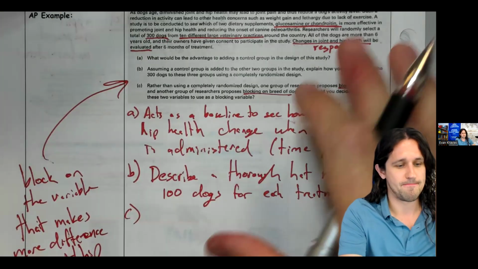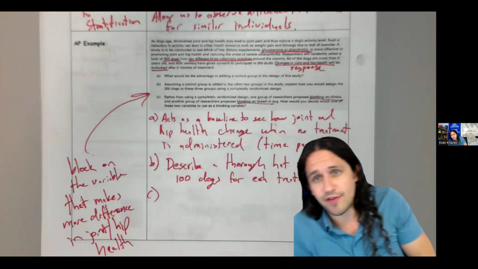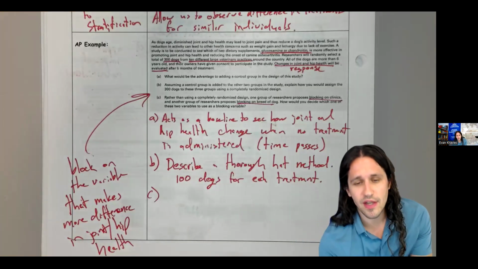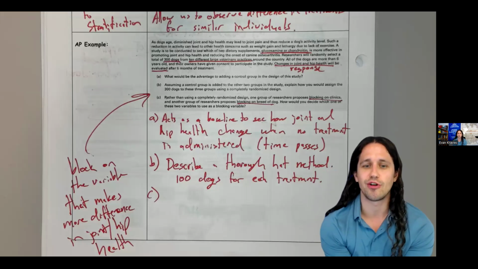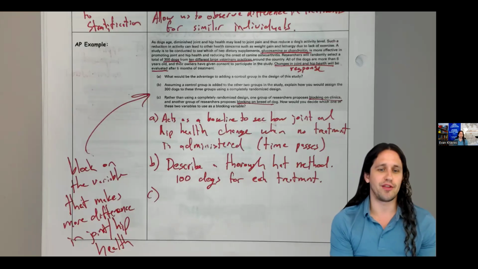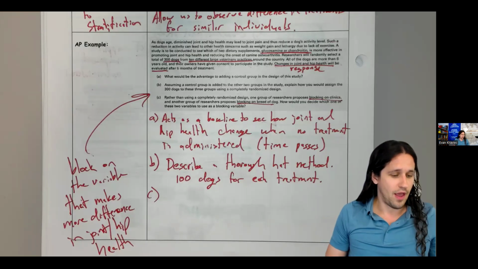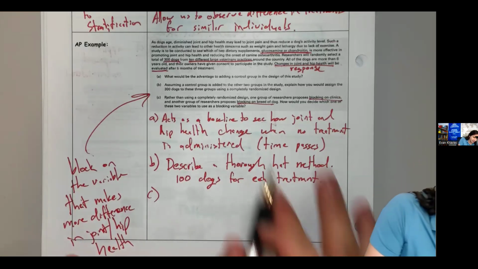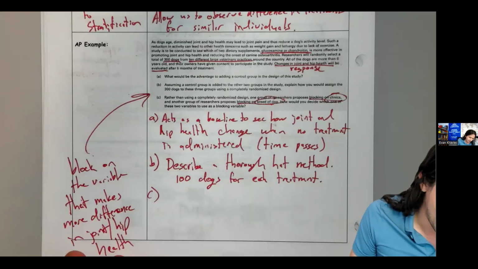I know you can't see that. Just as we did with stratification, we thought that one set of groupings, the campus, would make a larger difference than gender. We thought the campus would have a larger effect on whether they like their buildings or not. Same deal here with blocking. What's going to make the larger difference? Do you think the breed of dog is going to make more of a difference, or clinic?